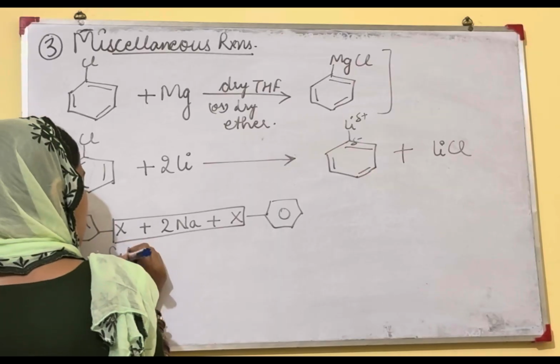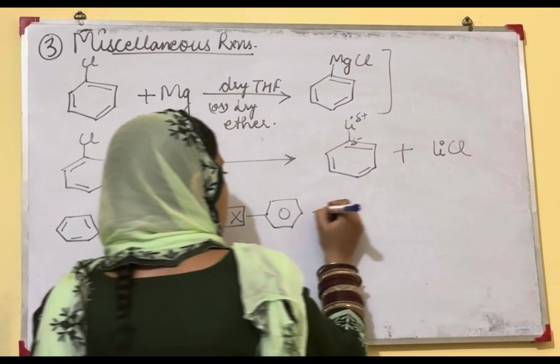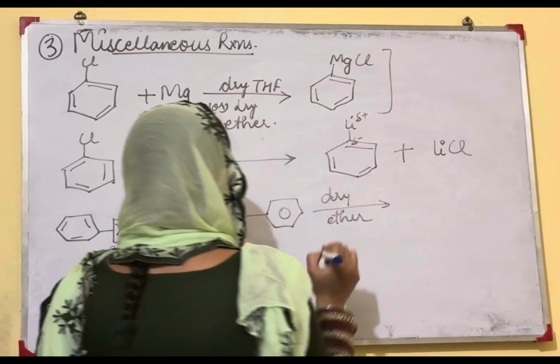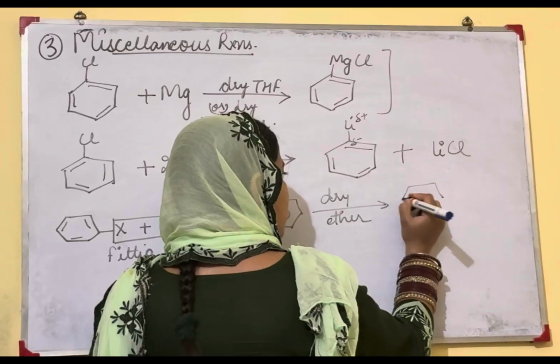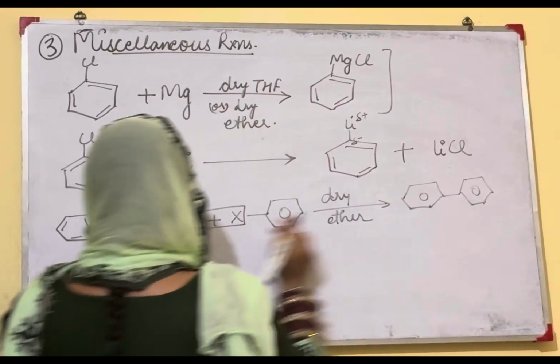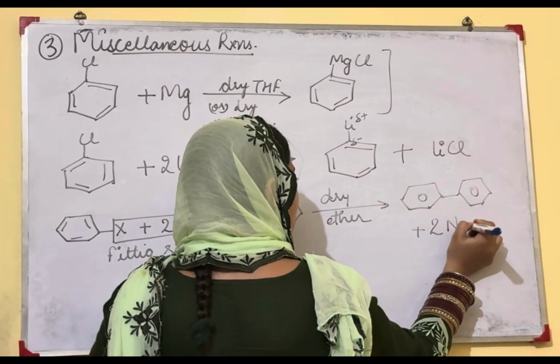Then this reaction is called Fittig reaction. It will take place in the presence of dry ether. What will happen? It will lead to the formation of biphenyl by the removal of 2NaX.